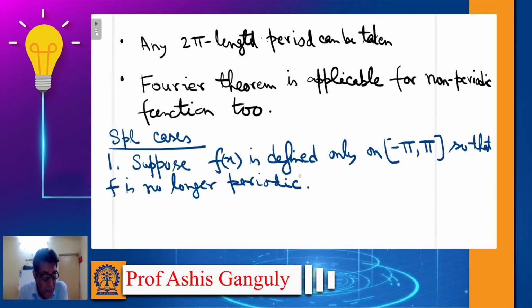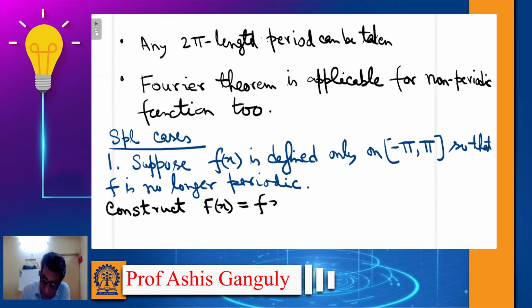Then you can make periodic copies. How? Construct a new function capital F(x), which is equal to f(x) for x belonging to minus pi to pi.